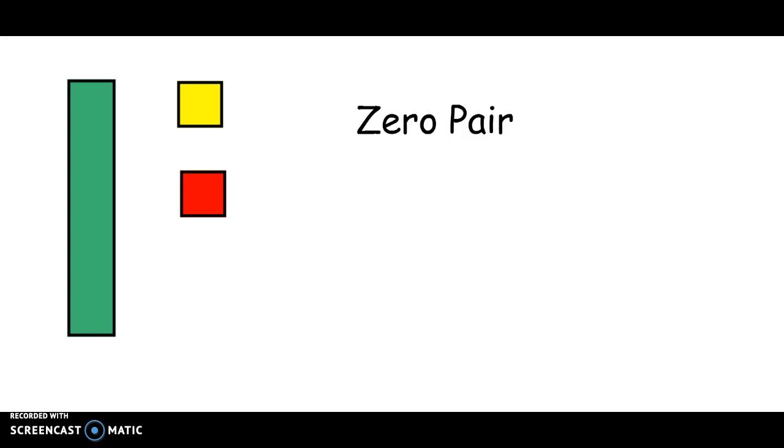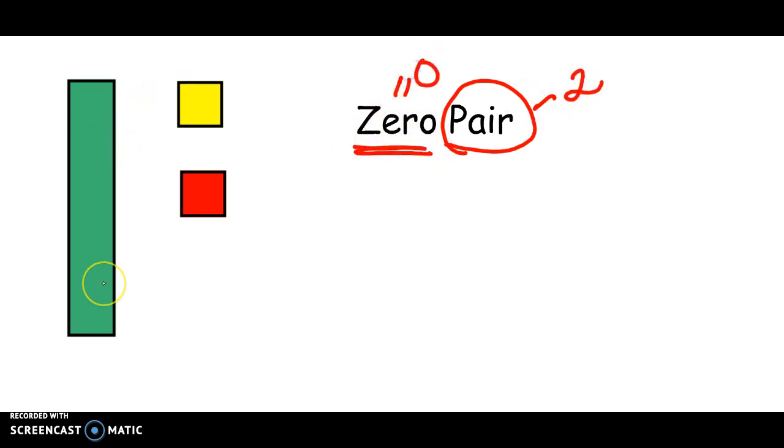Now, let's talk about what a zero pair is. A zero pair, if we look at the word itself, it's a pair, so 2 things, that if it's 0, the value has to be 0. So which 2 of these things, if I put them together, will I get 0? Think about that for a minute.